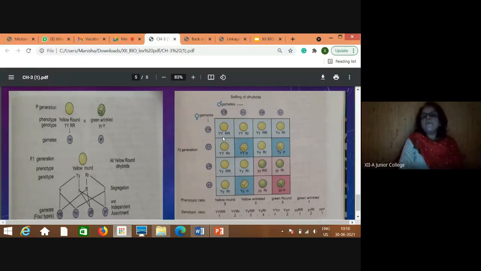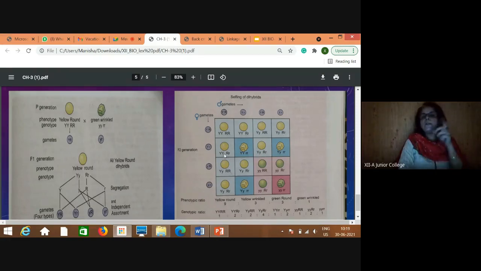Now, when both are capital or at least one from each is capital, that means that particular character is dominant over the other. So the first one is yellow round, the second one also yellow round, because both are capital Y and one R is capital, so this is also yellow round. The third is also yellow round. This is also yellow and round. Then this is the fifth one.